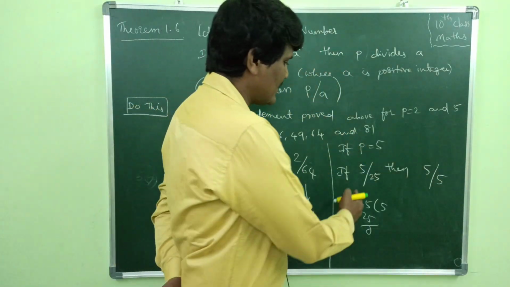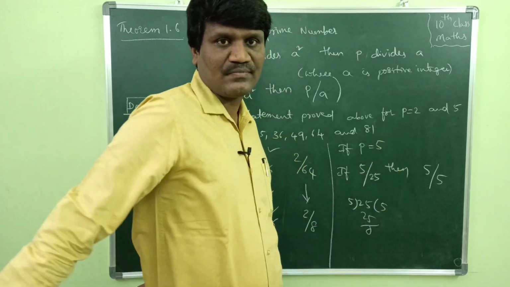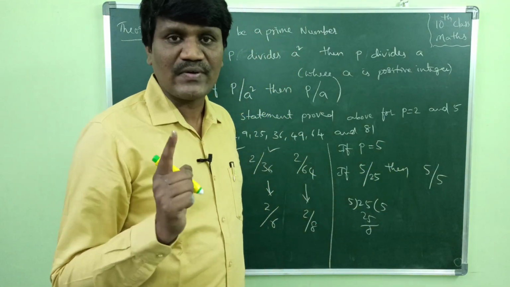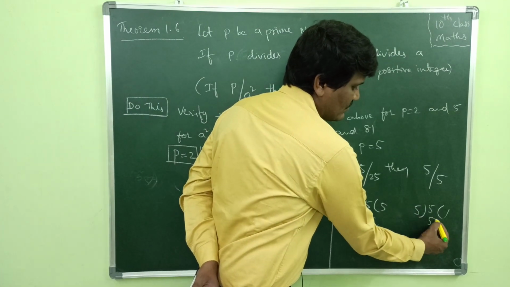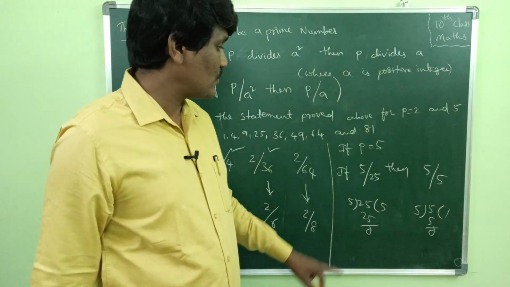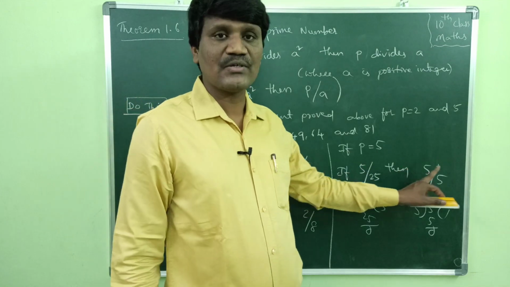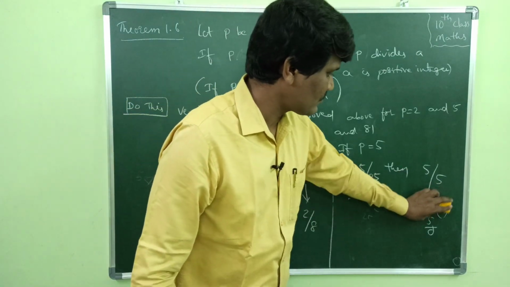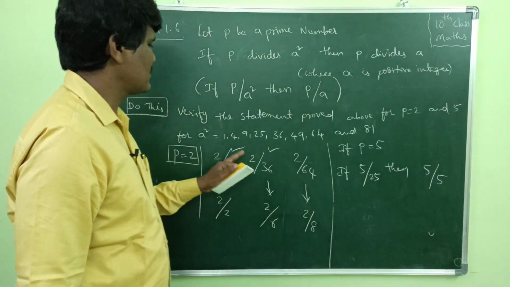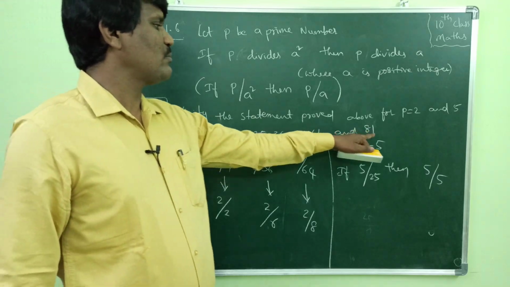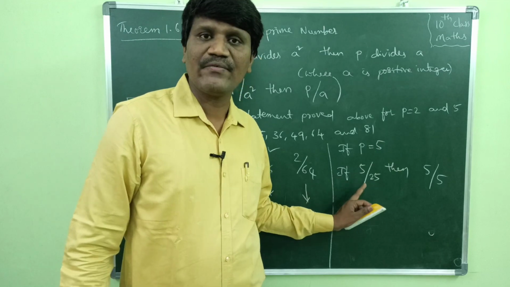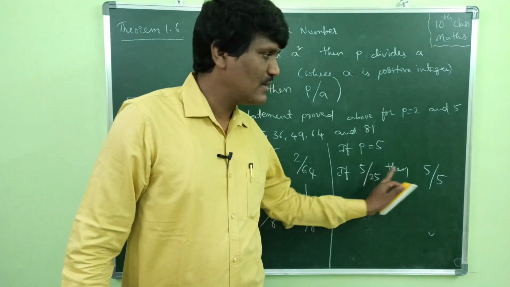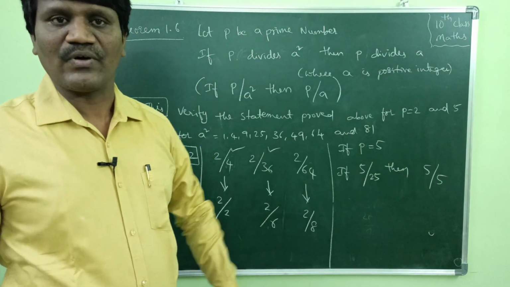This 25 is nothing but 5 square. If p divides a square, then p also divides a. So if 5 divides 25, then 5 also divides 5. Any others? No number will divide by 5. With 5 only 25 will be divided, which is p square, and also 5 divides 5.